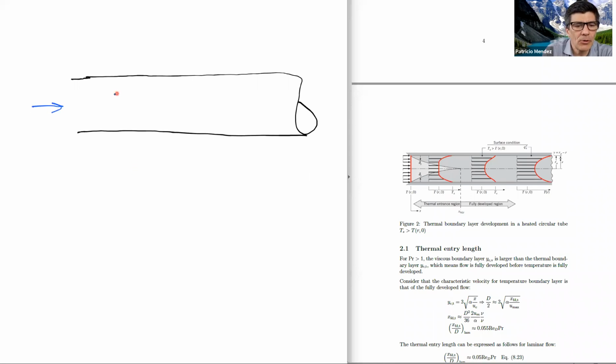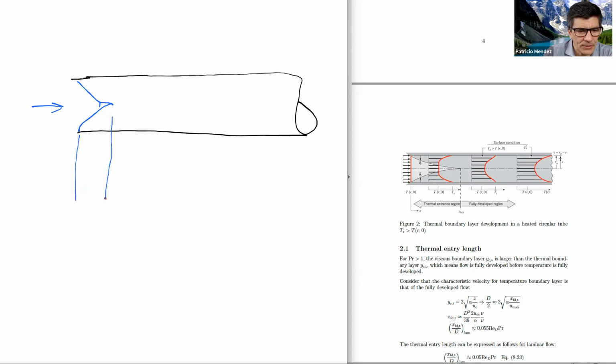So I'm gonna make in blue the hydrodynamic entry. So we would have a boundary layer that grows something like this. Something prettier than that, actually, I would hope. These are the two boundary layers developing.